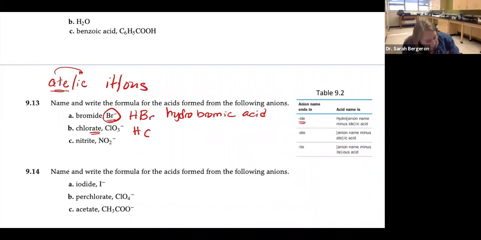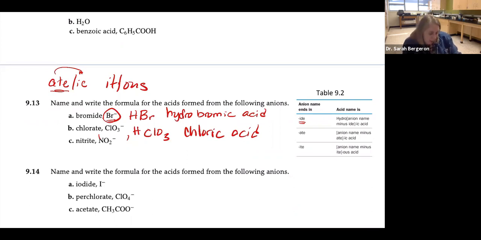So it would be HClO3, because you basically swap charges, you do the crossover, right? If you say H plus, crossover, it's 1 and 1. So ATE goes to IC, so this is chlor. Instead of ATE, I'm going to write IC, and then I write acid, chloric acid.